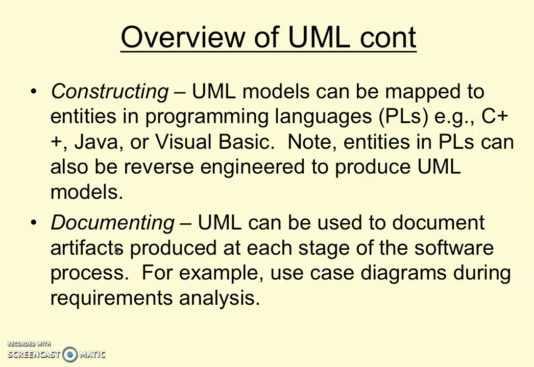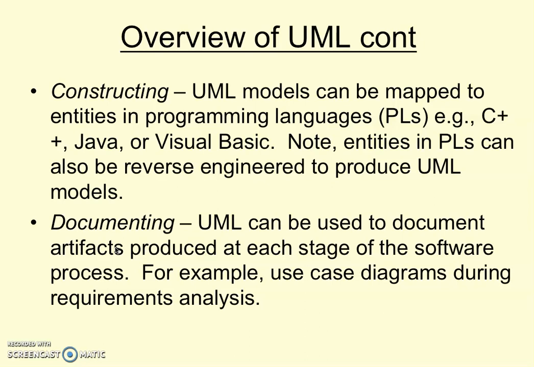UML models can also be mapped to entities in specific programming languages. So this can be C++, Java, Visual Basic, .NET, so on and so forth. Now, in addition to that, these entities in programming languages can also be reverse engineered to produce UML models. Of course, the better approach is to create your UML models first.